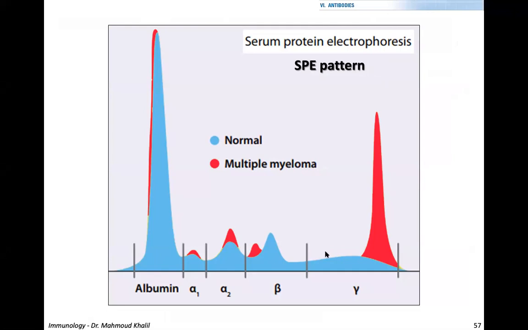There is an increase, majorly in the gamma region, and you can see an increase as well in the alpha 2 region, alpha 1 region, and beta region. So you can understand that for certain diseases or certain cases, you can identify a condition by measuring the pattern of the serum protein.